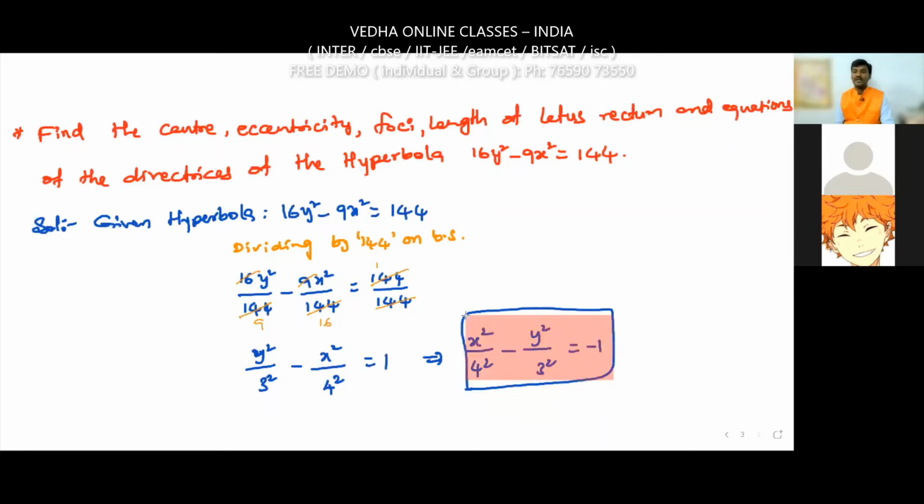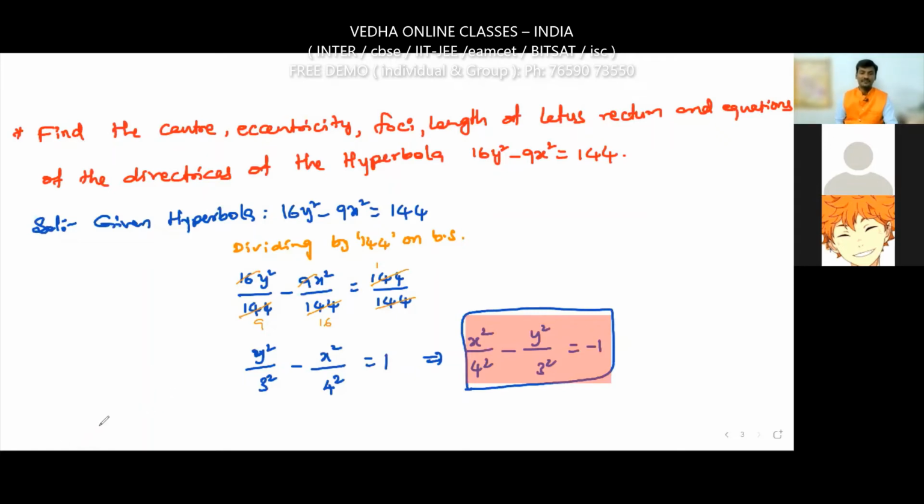Now compare. This is a conjugate hyperbola. By comparing, what is the a value? 4. What is the b value? 3.